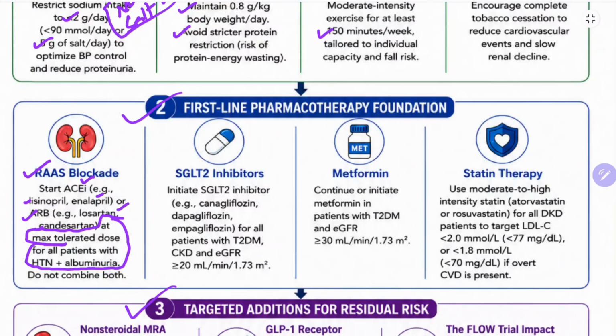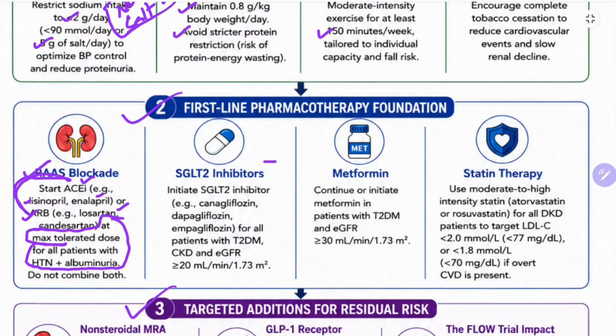This is the important point. The ACE inhibitor or the ARB which you are giving should be given at a maximum tolerated dose in all patients with hypertension with albuminuria. But you should not combine ACE inhibitor along with ARB. You should not combine.